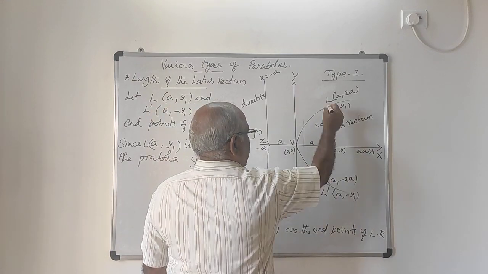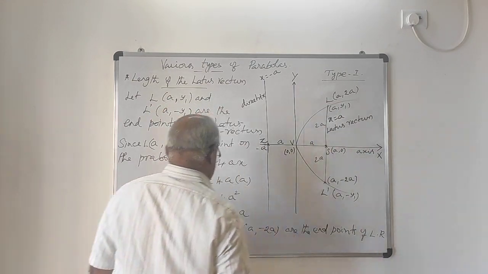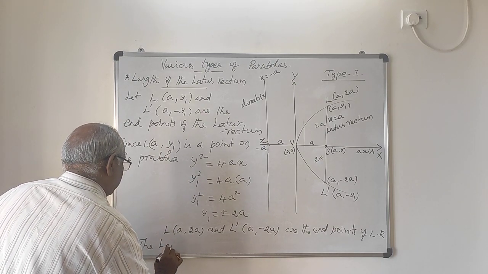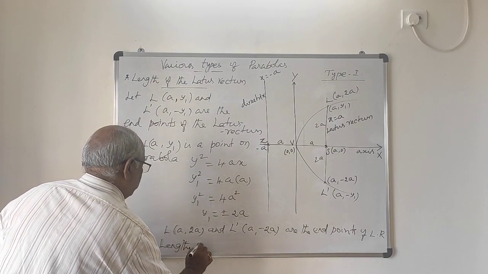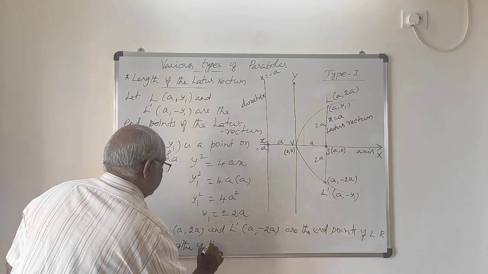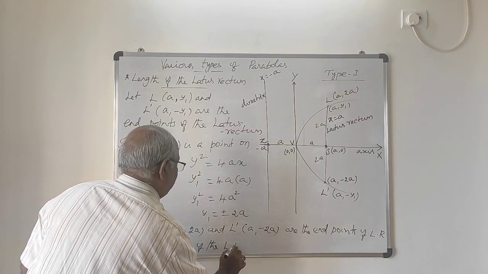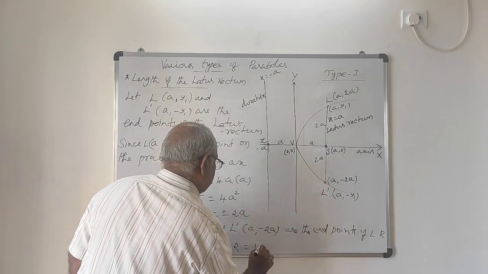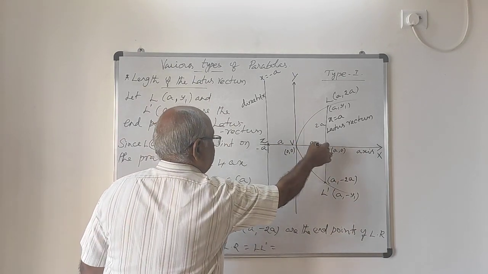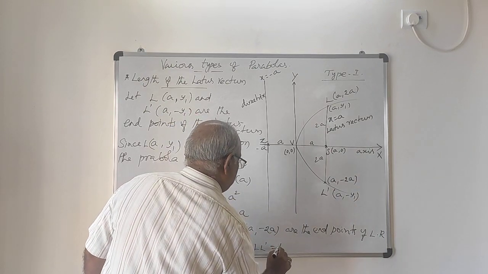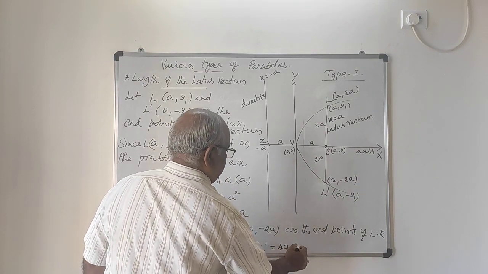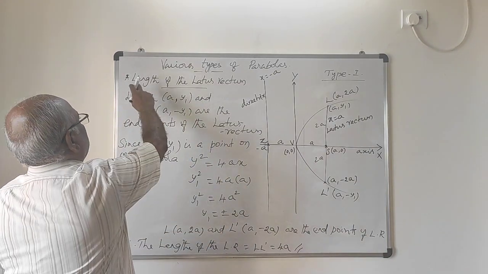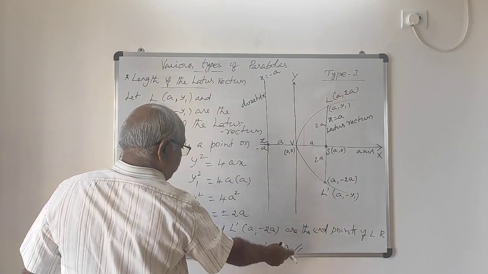Therefore, the total length LL dash is 2a plus 2a, which is 4a. So the length of the latus rectum is 4a.